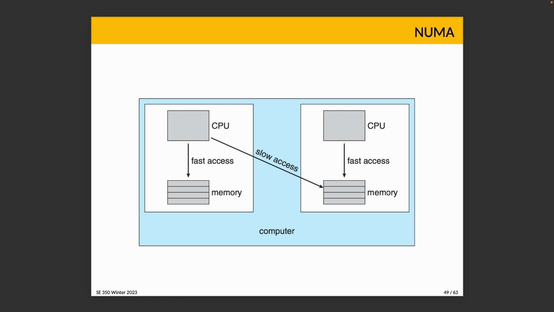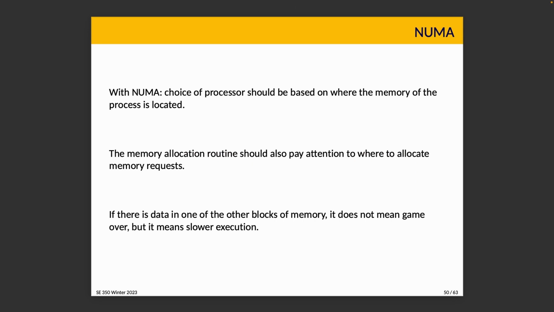So there's a part to play for each of those things. If we get it wrong, if memory is in the wrong place from the CPU's perspective, or the CPU is in the wrong place from memory's perspective, they're both kind of equivalent, it doesn't mean game over, it just slows down execution. So if we want to do things as quickly as possible, that's something we prefer to avoid.